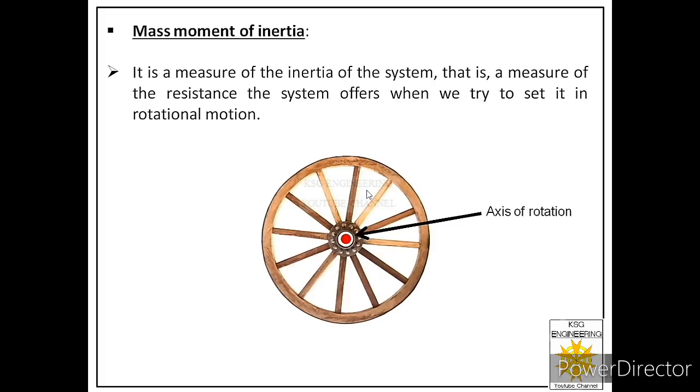So we know that if we have to rotate this wheel about this particular axis which is perpendicular to this wheel, then the wheel will offer some resistance against its rotation. So that measurement of resistance will be called the mass moment of inertia of this wheel.